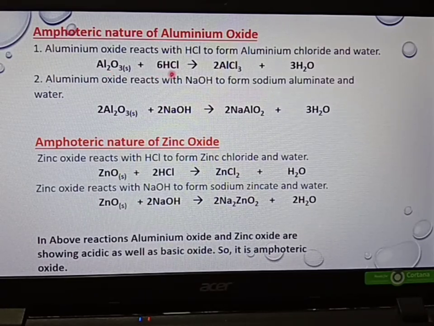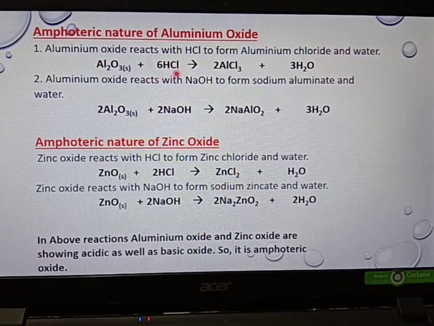So children, when aluminium oxide reacts with acid, it is basic in nature. And when aluminium oxide reacts with base, it is acidic in nature. So aluminium oxide reacts with acid as well as base. That is why we call it an amphoteric oxide.